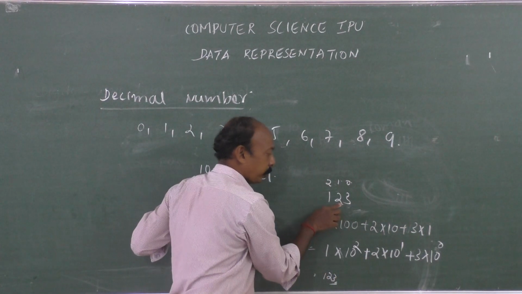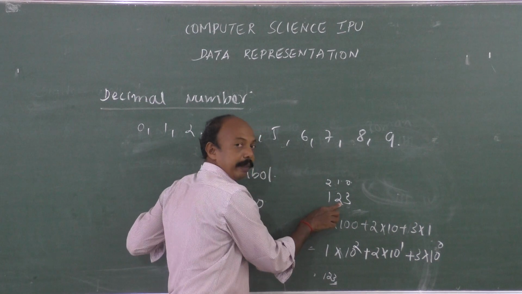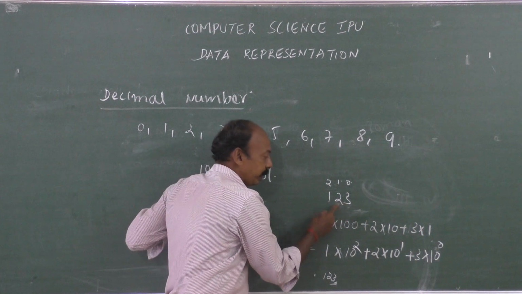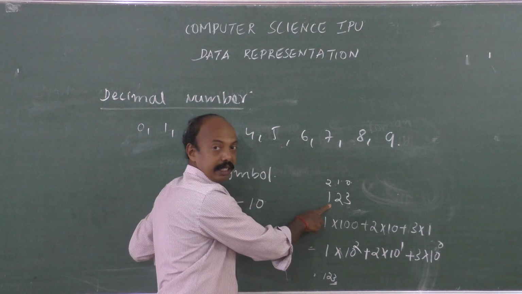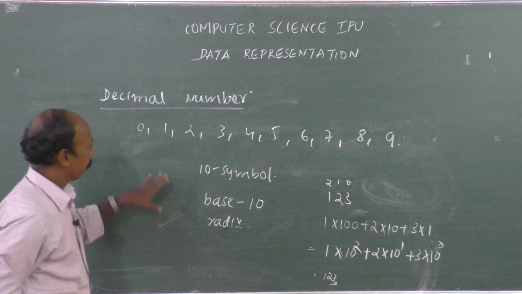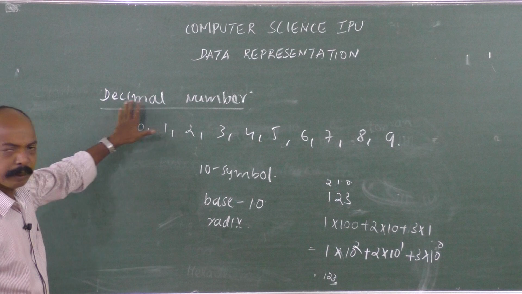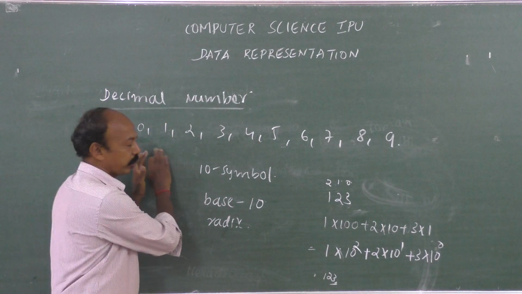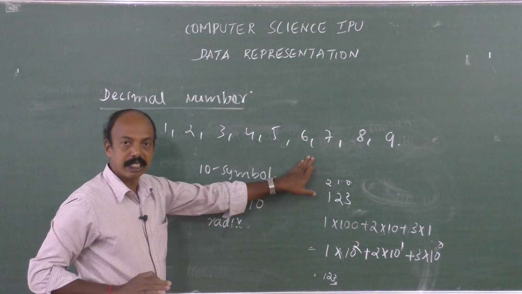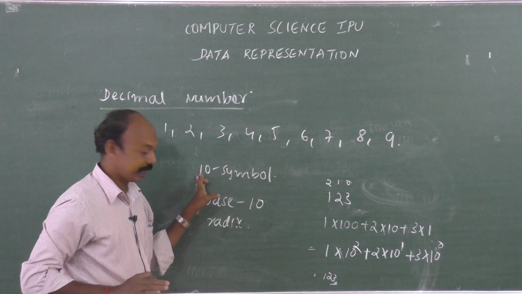The value of this 2 is 20, and the value of this 1 is 100. Once again, when you talk about the decimal number system, we are using 10 different symbols. That's why the base or the radix is 10.